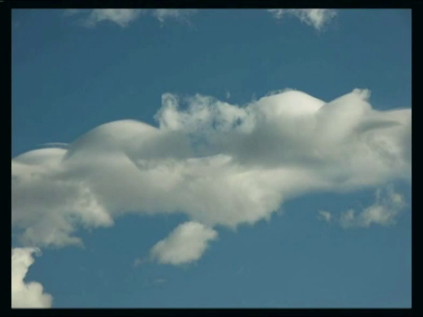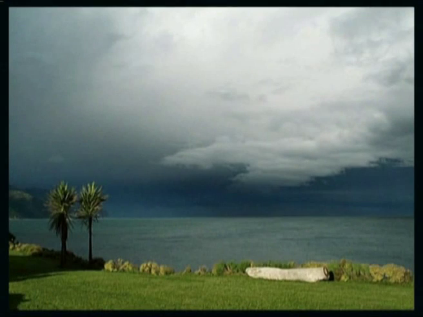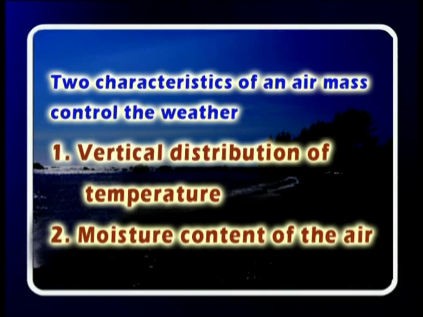Such a large uniform surface is called an air mass source region. When the air mass moves in the upper part of the atmosphere, it retains the physical properties of the source region as well. Two characteristics of an air mass control the weather: the vertical distribution of temperature and the moisture content of the air.